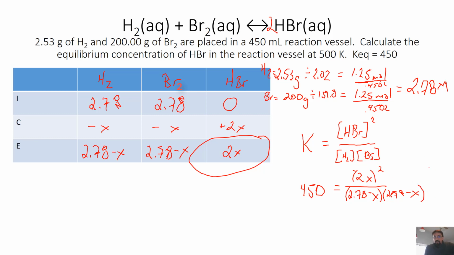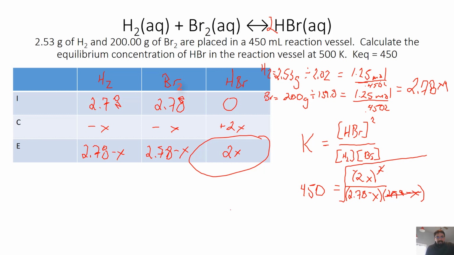Now you might look at this and your eyes might start crossing. We got things where we're going to have X's being squared and X's being single. I think we can actually use a little math trick here. If I take the square root of the entire right side, that's going to get rid of this squared term here. And since in the denominator we're multiplying the same term by the same term, I'm going to get rid of one of them.